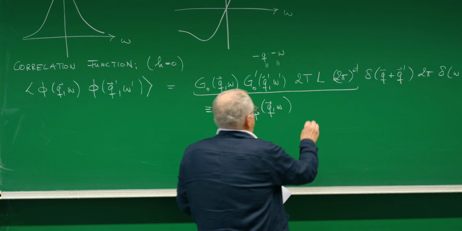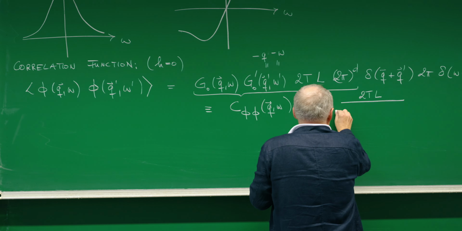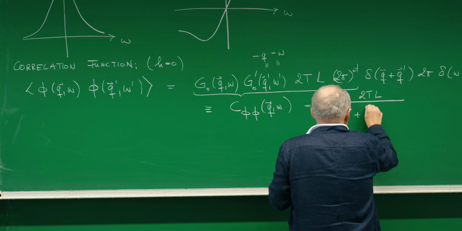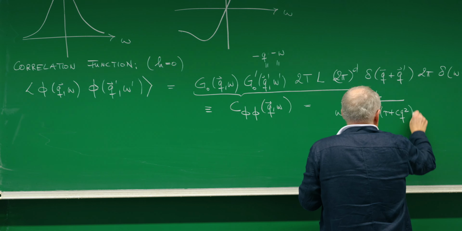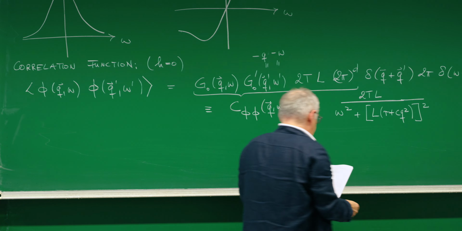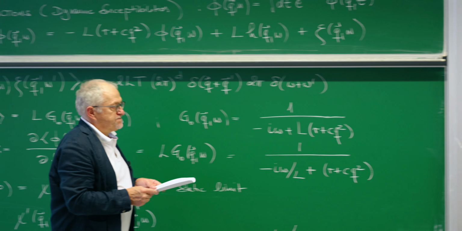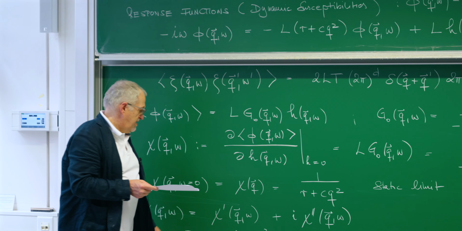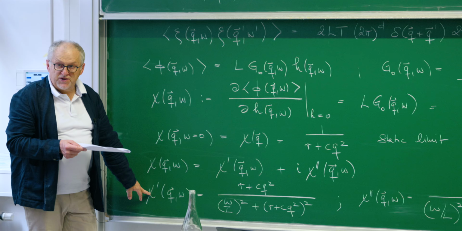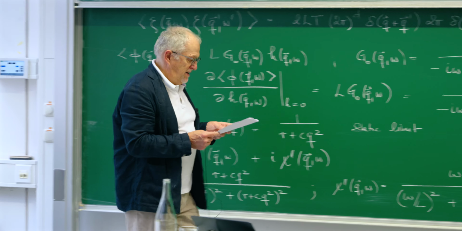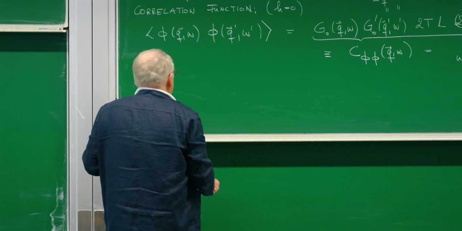And as you collect the factors, this is the 2TL divided by omega squared plus L times r plus c q squared, and the square of that. So it's basically the real part, or related, let's say, to the real part of the response function. I come back to this in a bit even more carefully. So that's my correlation function.